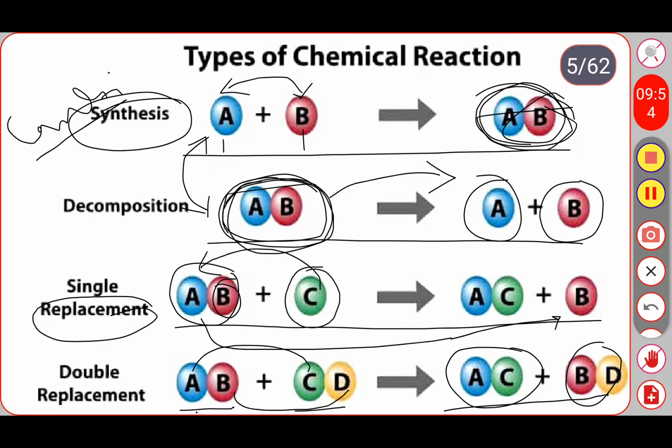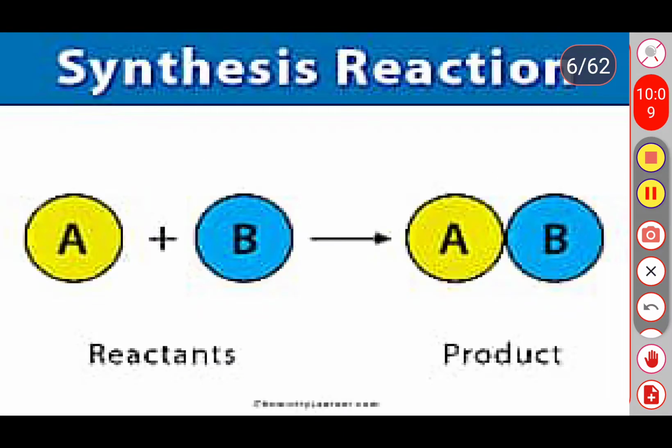So these are some general forms of the types of reaction. Now we'll discuss them one by one. The first type is the combination reaction. The combination reaction is also called a synthesis reaction. We already discussed this in the previous slide. So what is the general form of the combination reaction?